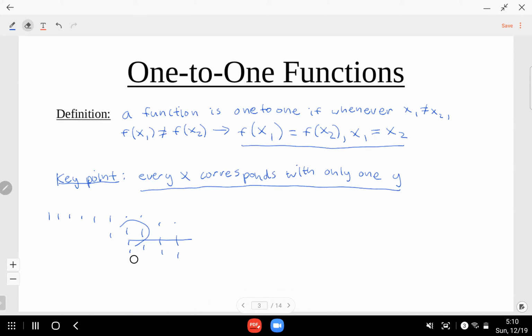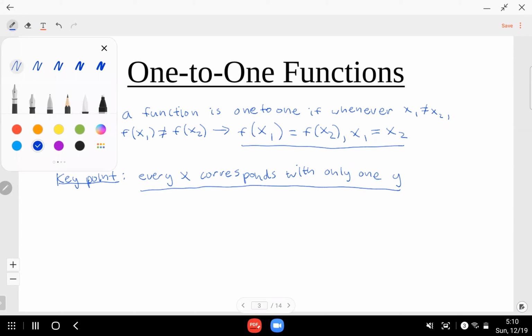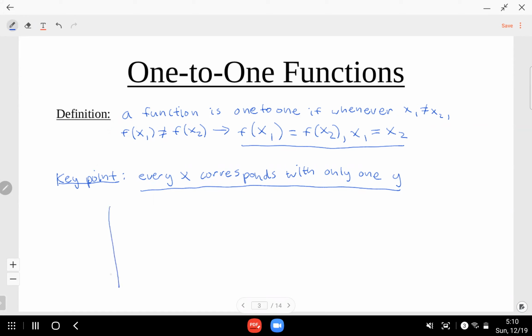Now, let me introduce the horizontal line test, which tests if it is a one-to-one function. So something like a parabola is obviously not a one-to-one function, right? Because every x does not correspond to only one y.